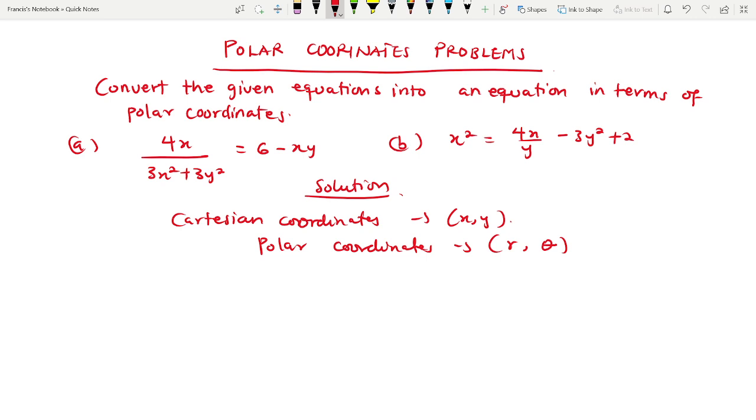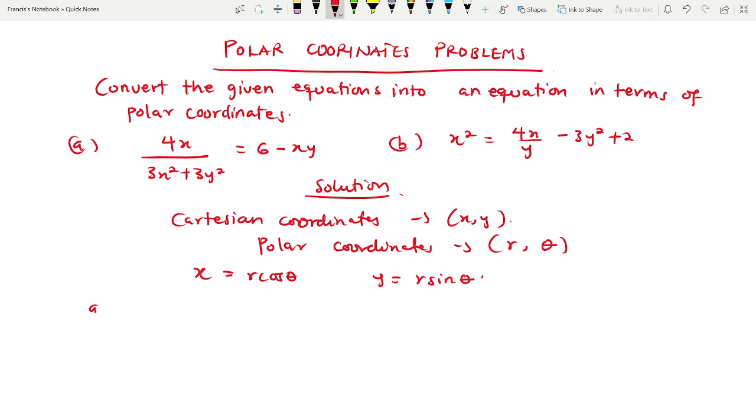Generally, x, which is a Cartesian coordinate, is always equal to r cos theta. Take note, y is always equal to r sine theta. So at this point, we only have to make substitution.